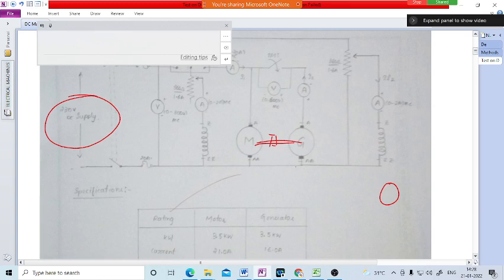Due to the losses in the machines, it takes some amount of power from the supply.